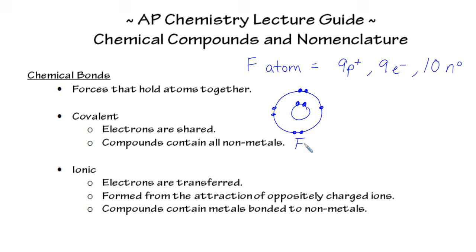Let's say I want to bond 2 fluorine atoms. So I'll draw another fluorine, and he's got 7 valence electrons. I'll do this as a mirror image. So here's fluorine and fluorine. Fluorine atoms are not stable. They do not have a full outer shell. They're close.